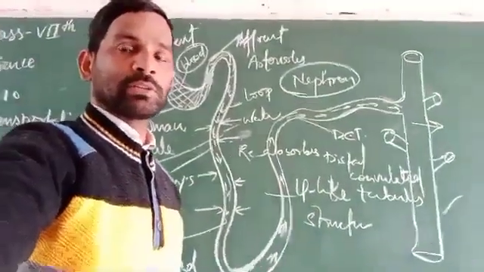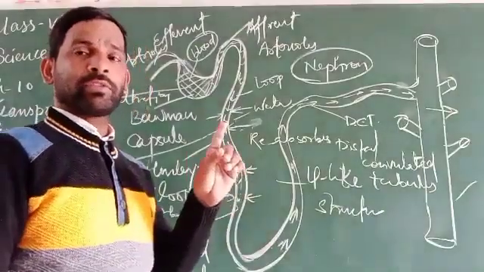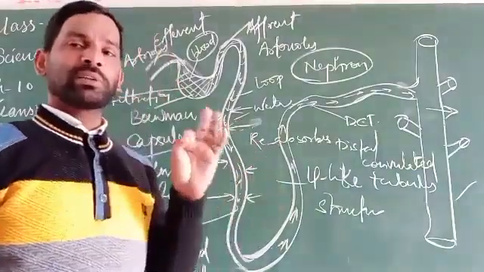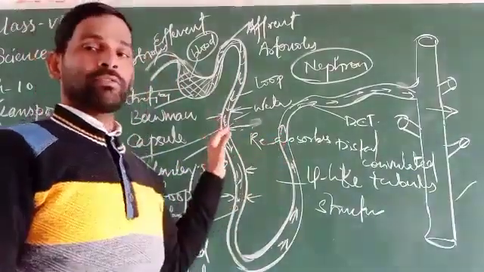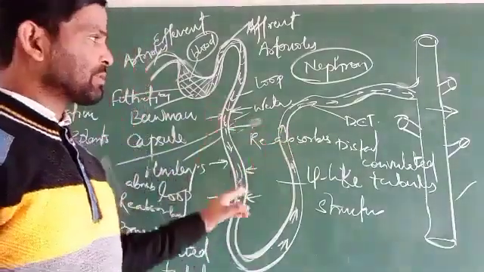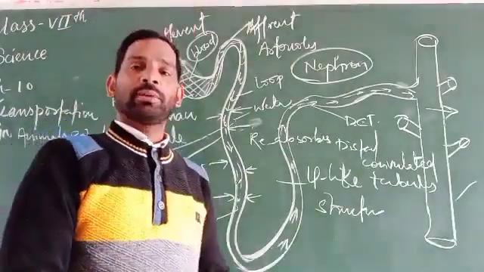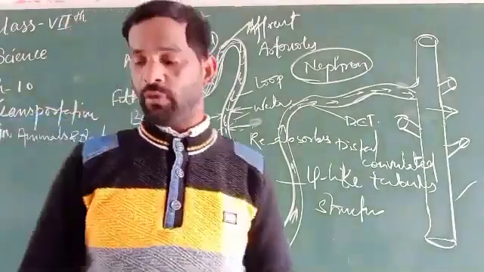Most toxic substances are removed. This is one segment of the filtering unit called a nephron. There are thousands of these structures in a kidney, which act as filtering units. So this is the main structure by which the blood is filtered and urine gets formed.